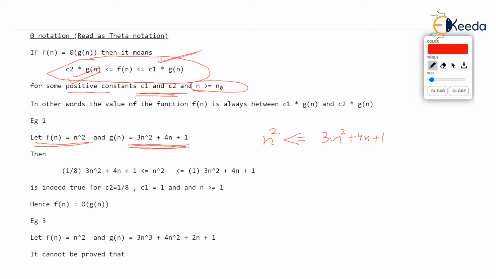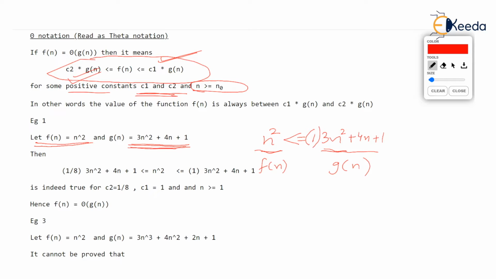Is this true? This is fn and gn is 3n square plus 4n plus 1. Yeah, indeed it is true, because left hand side fn is having only n square and right hand side is having 3n square. Watch that. This is true, isn't it? Indeed. So the constant 1 is enough over here.